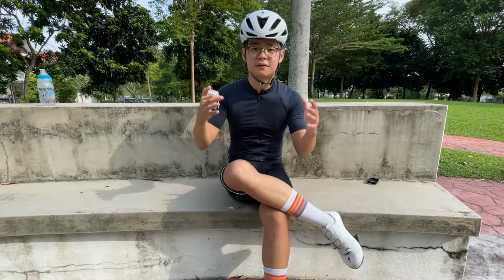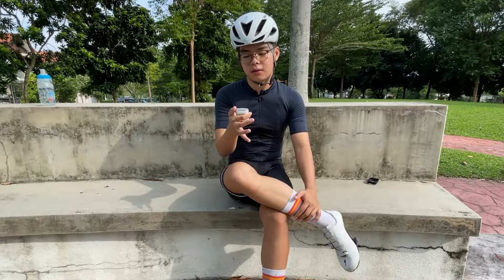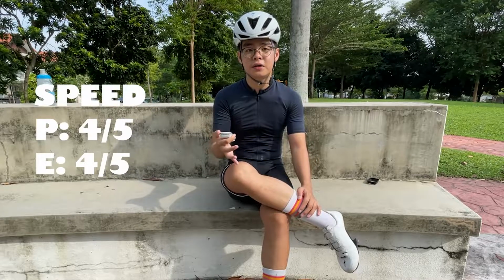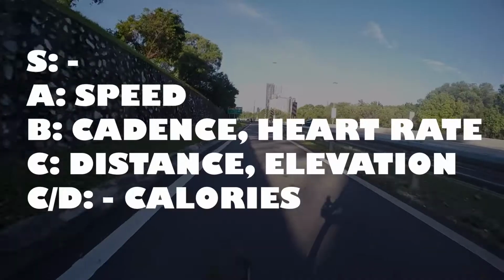That is the one thing I like compared to heart rate, because as I mentioned just now, even if you get fitter and come back 2 to 3 months later, it's still going to be the same 180 beats per minute. It's not going to change just because you get fitter. So because of that, I'm going to rank speed in A tier. Pretty good, pretty effective, can be used to track your training.